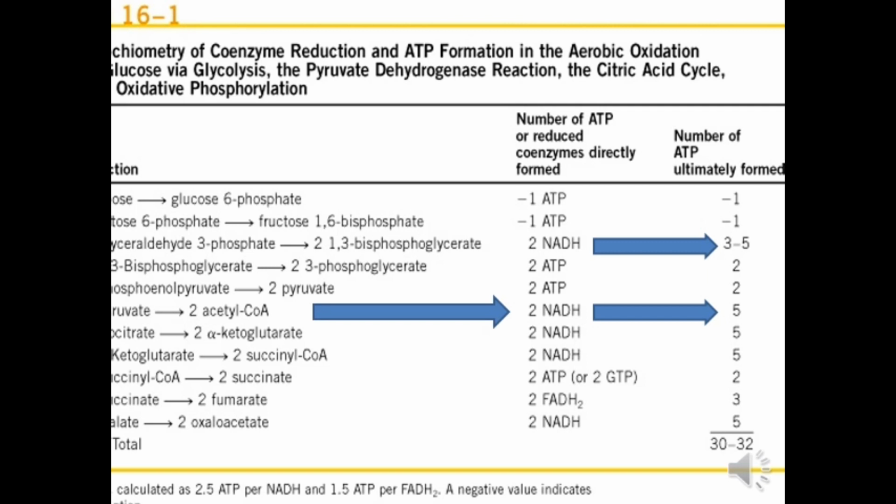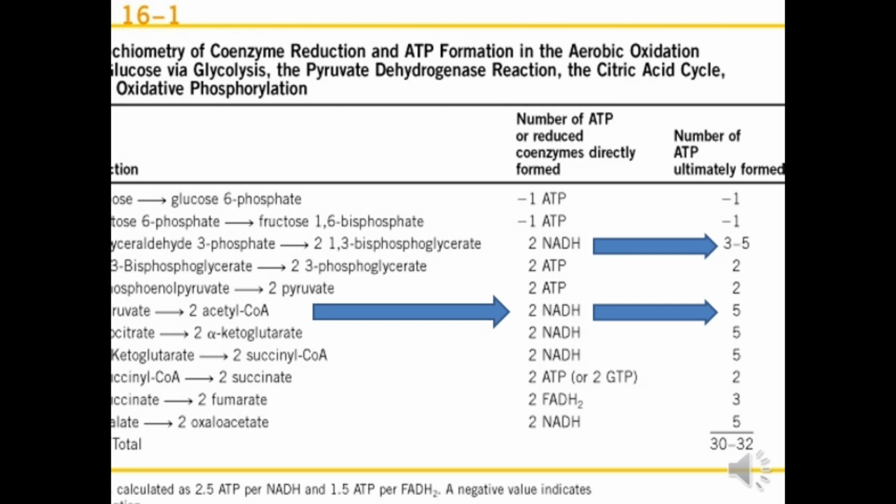If it enters through the glycerophosphate shuttle, the total is 30, because we have 20 from Krebs cycle, and 5 from the pyruvate to acetyl-CoA reaction, and 5 from glycolysis.